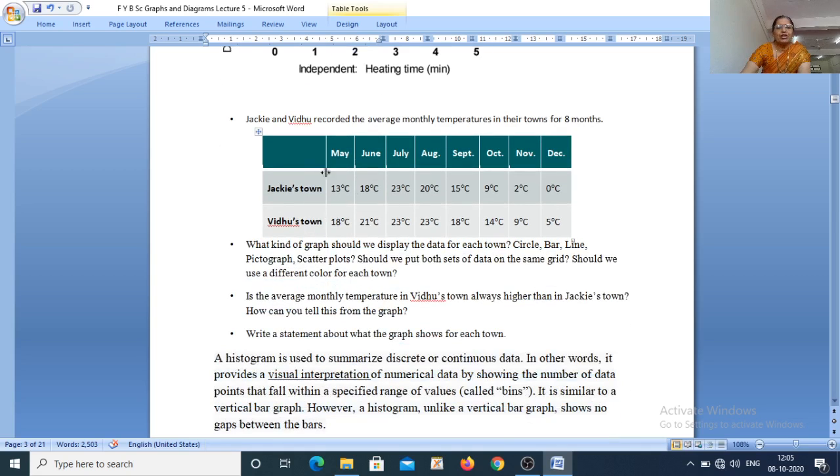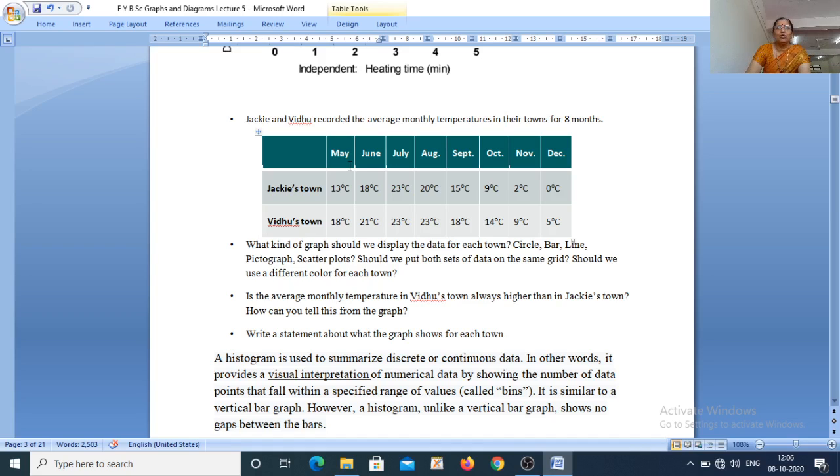Now this is again one type of data, that is the temperature in two towns in the months of May, June, July, August, September. Suppose this is average temperature. Then this type of graph can be shown with the help of a line graph. So there are two lines. On the x-axis you can take the months May, June, July, August, September, and temperature on the y-axis.